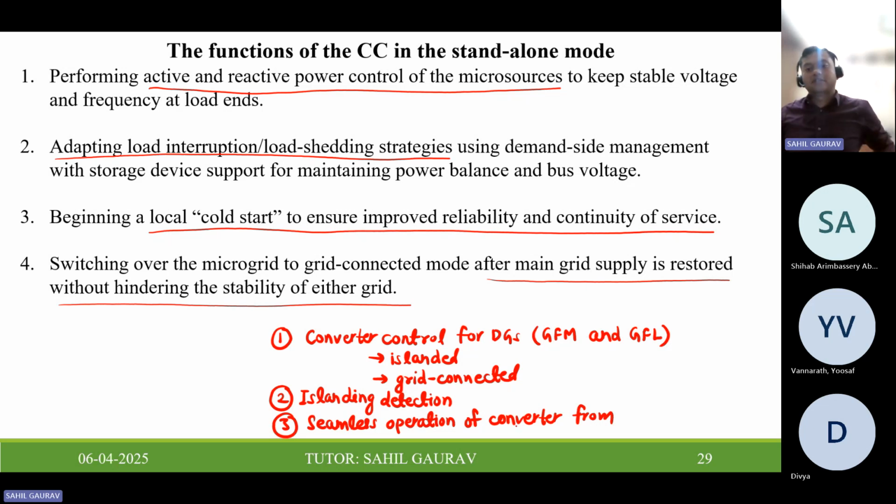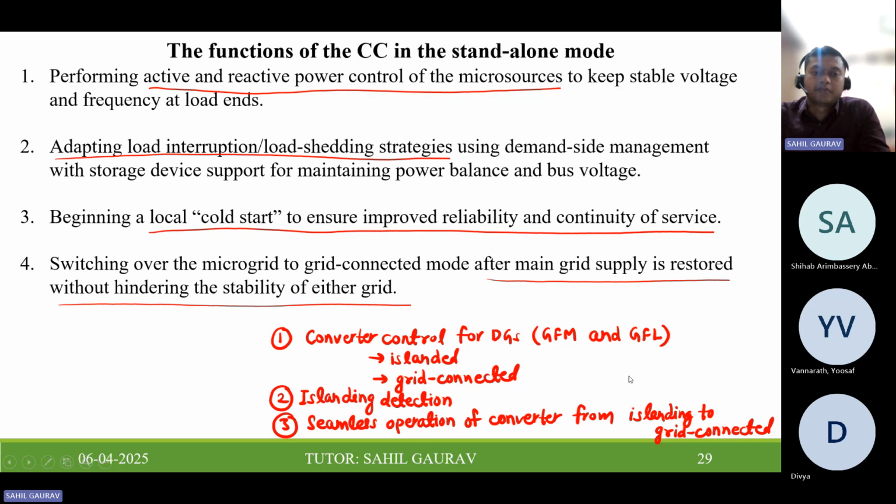Seamless operation of converter or microgrid from islanding to grid connected, or grid connected to islanded. Our system must be in a stable region.